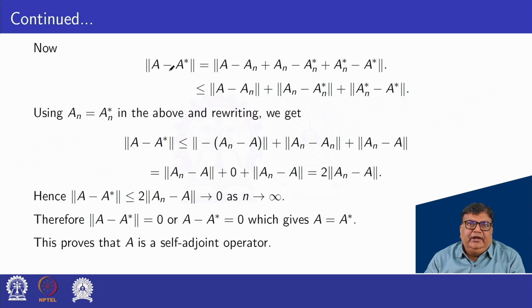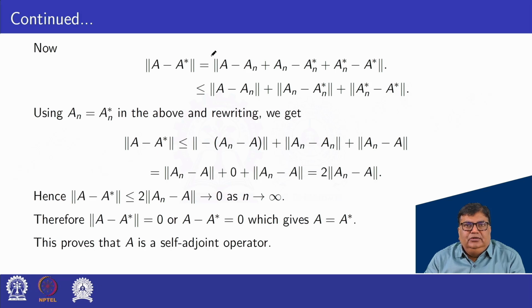Now norm of A minus A star can be written as norm of (A minus An) plus (An minus An star) plus (An star minus A star). There is no change in this. We have added An and subtracted An. Also added An star and subtracted An star.